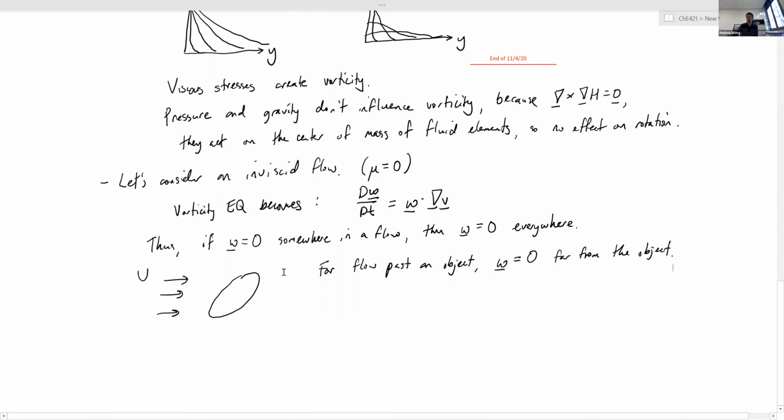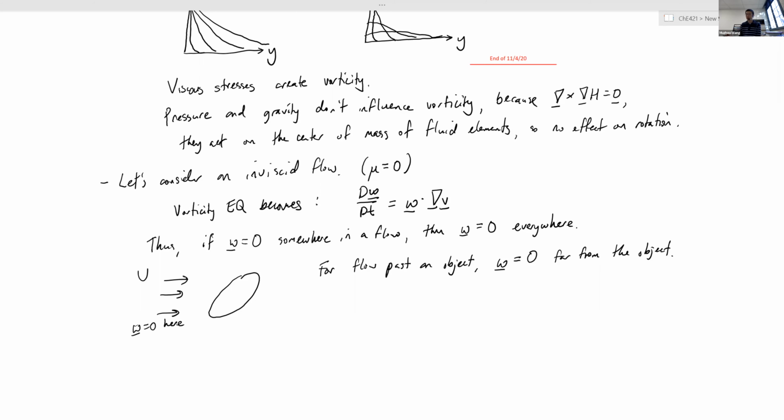In other words, over here, the fluid is not rotating. I'll just say here is equal to 0, right? That kind of intuitively makes sense, right? There's no shear forces really when really far. You could imagine just some sort of uniform fluid moving.